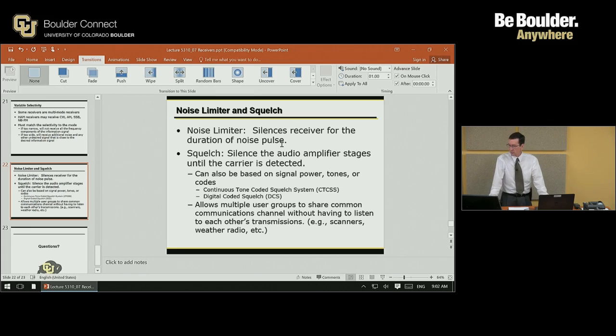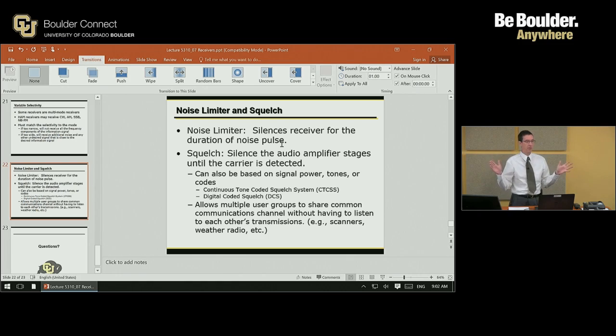Noise limiter and squelch. When you get a lightning strike, that lightning strike is going to generate a very large voltage compared to your radio signal. And even with a limiter in there, you're going to hear that snap. You're going to hear that crack when the lightning strikes, right?